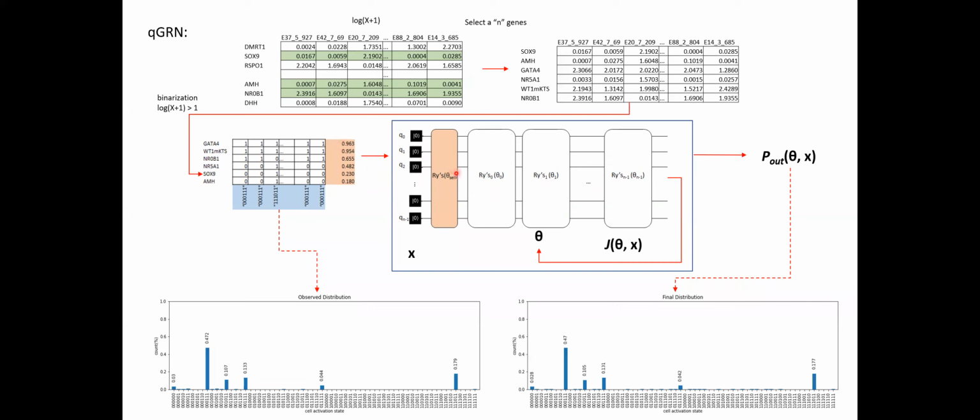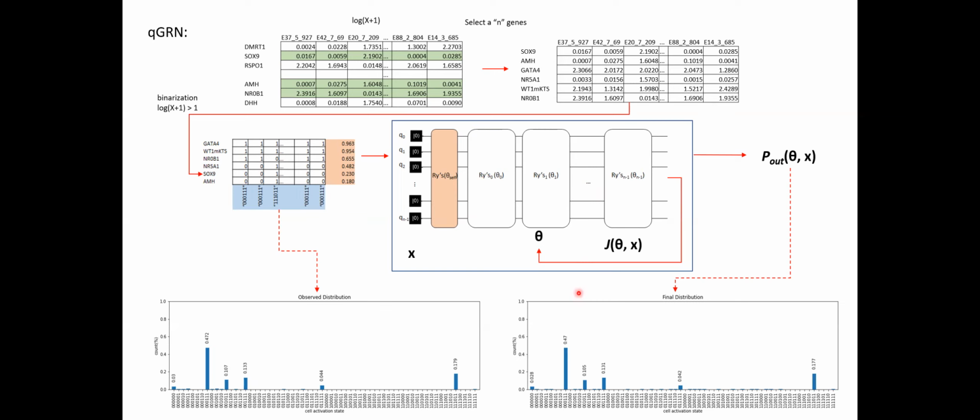I need to improve this figure because it's quite difficult to explain from here. After the uncontrolled RY gates, so just single RY gates, we have several layers of controlled RY gates. Those are fully connected. It means that qubit 0 controls qubit 1, qubit 0 controls qubit 2, and so on.